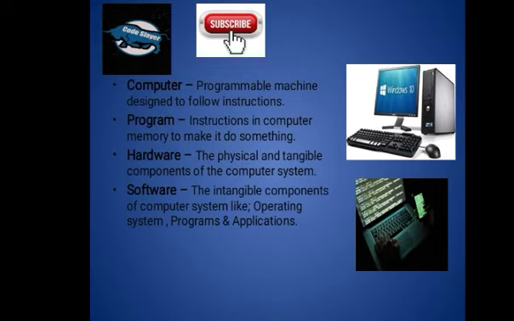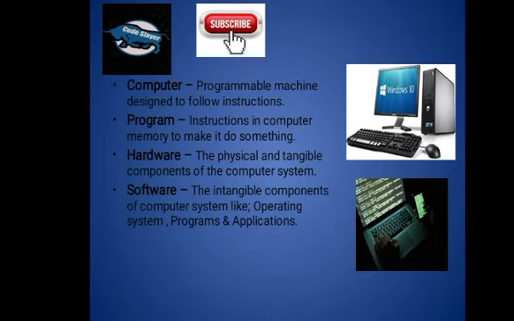So, what's the hardware of a computer? Hardware is a physical and tangible component of a computer system. This is such a component of a system that we can touch and see with our eyes.